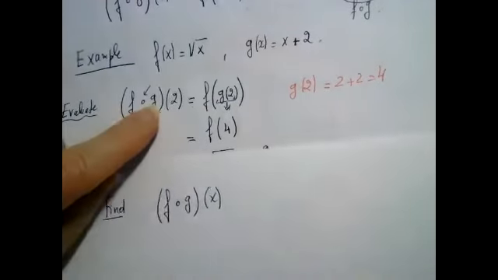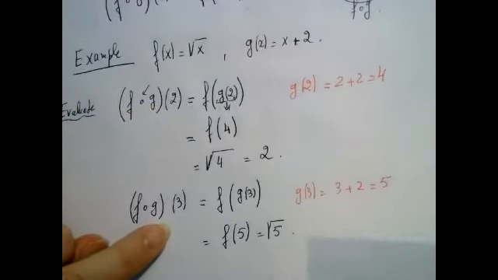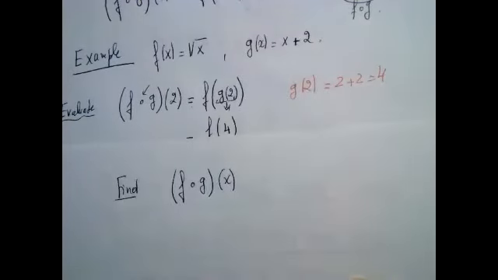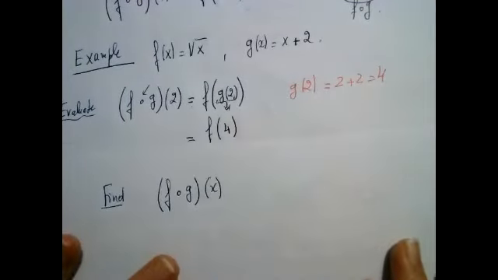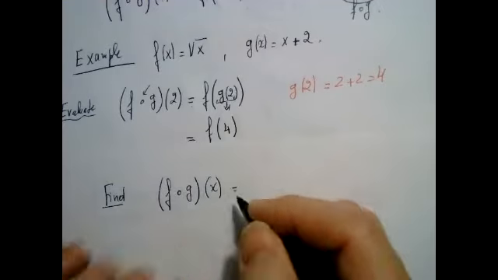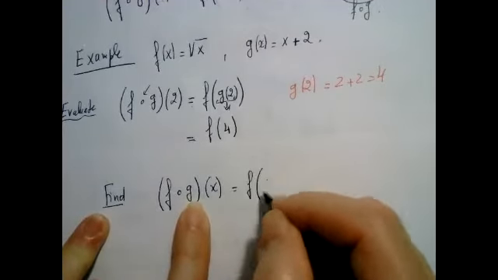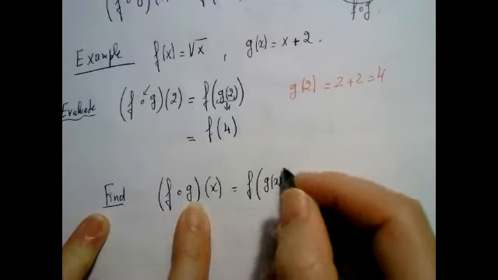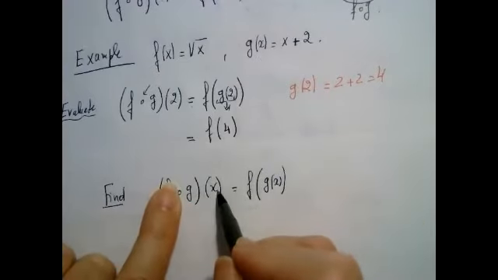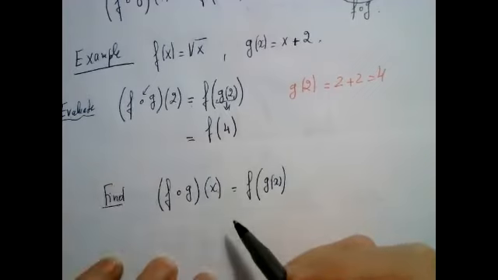Instead of giving you 2 or 3, now I'm telling you, if I give you any x, what's going to be the formula for it? Right. The idea is the same. It's f of g of x. It means you start with x, you compute g of x, then f of g of x.